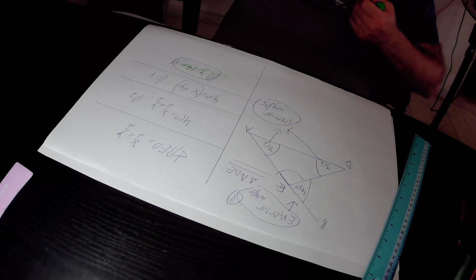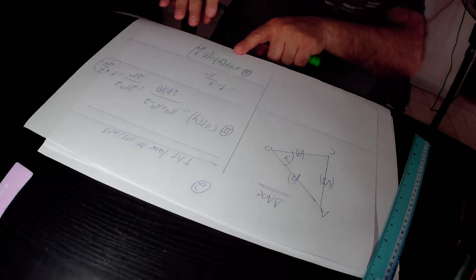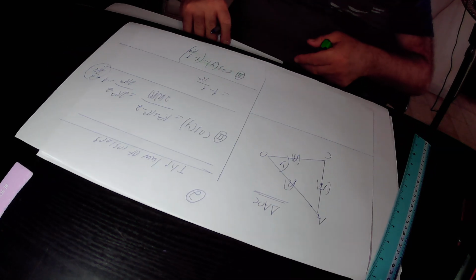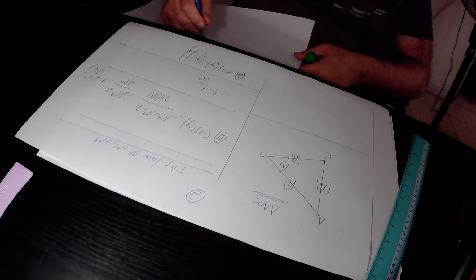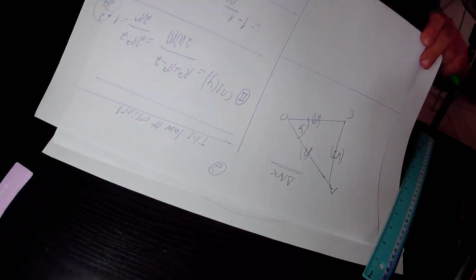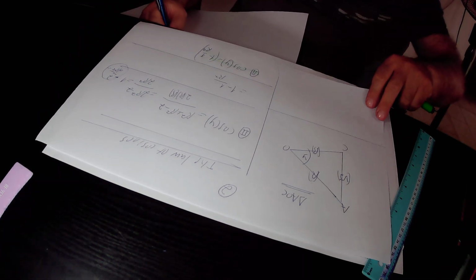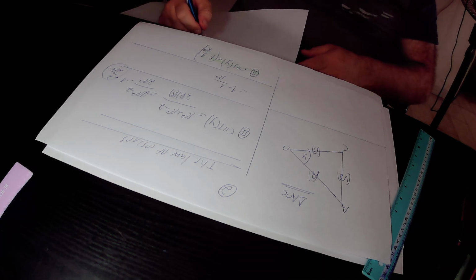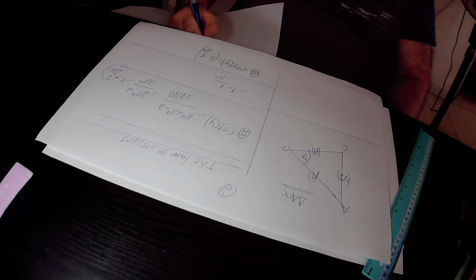And here we found out that cosine y equals 1 over r squared. So I copy equation 2 again in a new page. According to equation 2, cosine y equals 1 minus 1 over r squared.